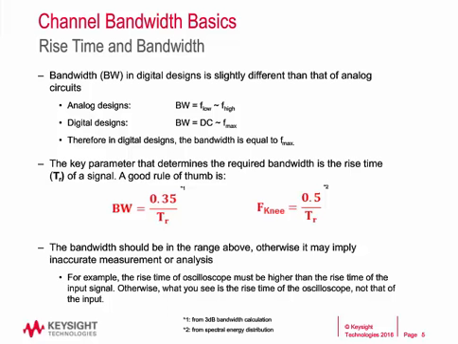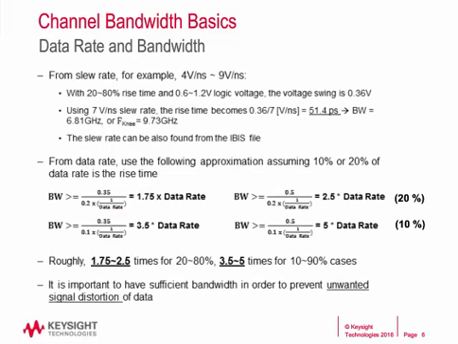There are some cases where the rise time is unknown. If we happen to know the slew rate, we can use it to calculate the system's rise time. Here is an example. With 20 to 80% rise time and with 0.6 to 1.2 volt logic voltage, the required voltage swing is about 0.36 volts.